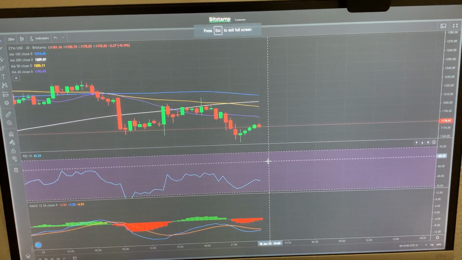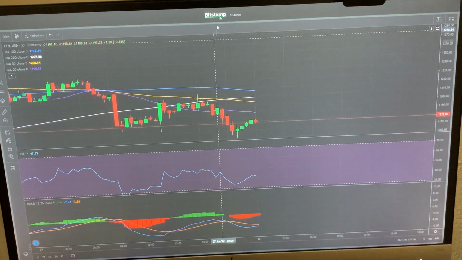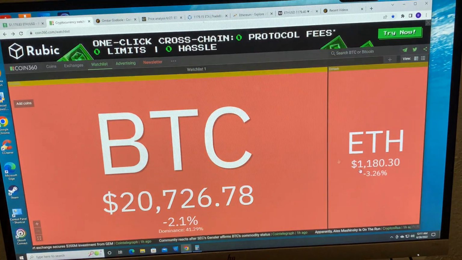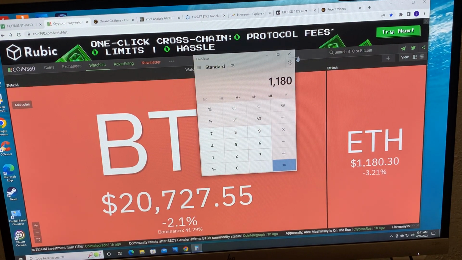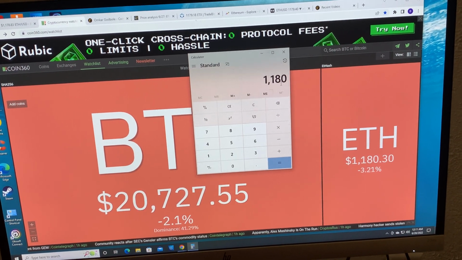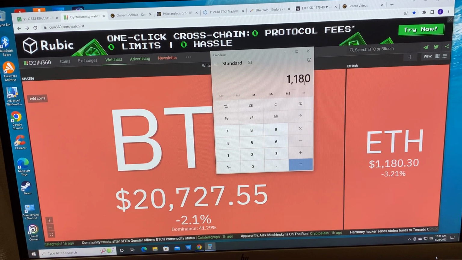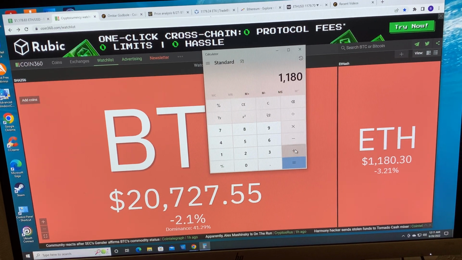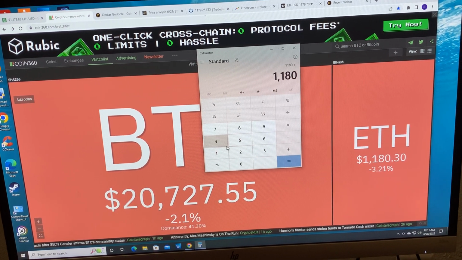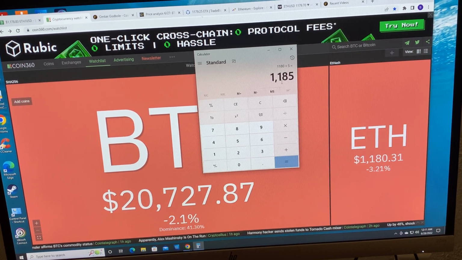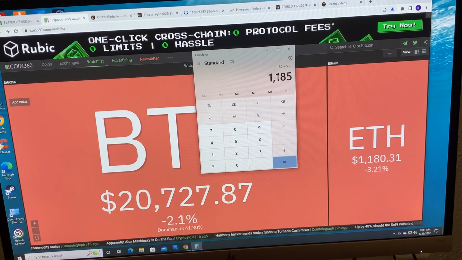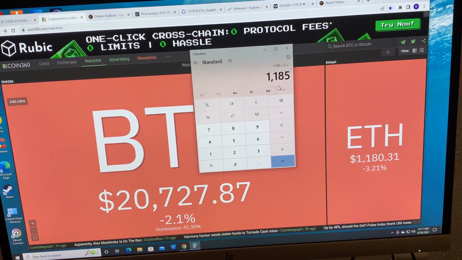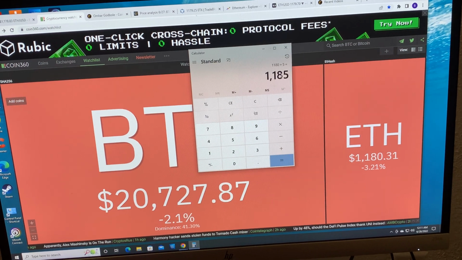So 1180 is where you sell. If you put 1180 as a sell and as a limit, do not put market, it's going to execute at 1185. Why? Because of the fees. So just letting you know a little tip there.